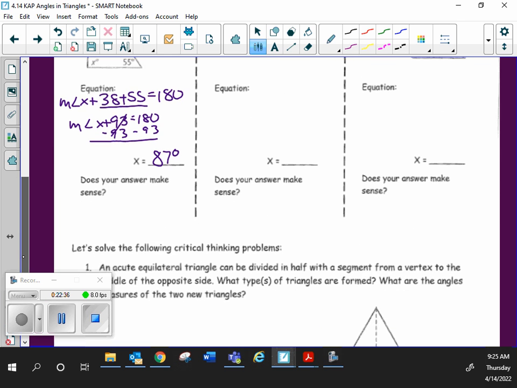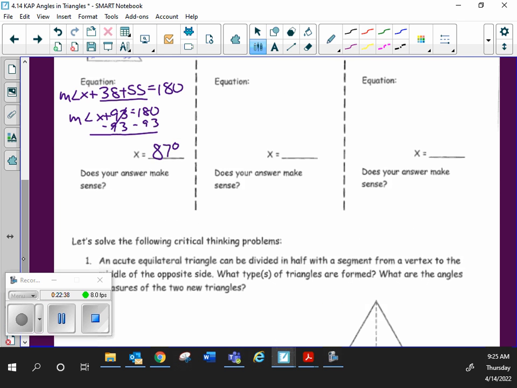Okay, so does the answer make sense? Does 87 make sense? Yes, I would say it looks about 90 degrees, and my answer is close to that. It's just justifying that it makes reasonable sense.